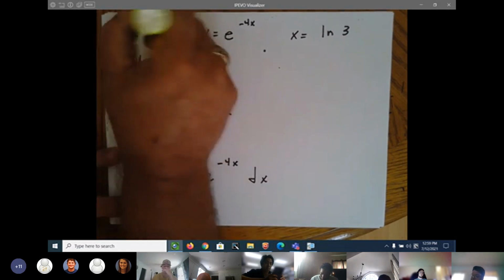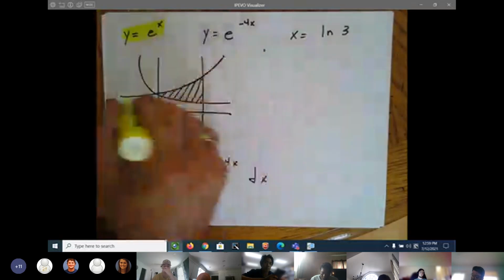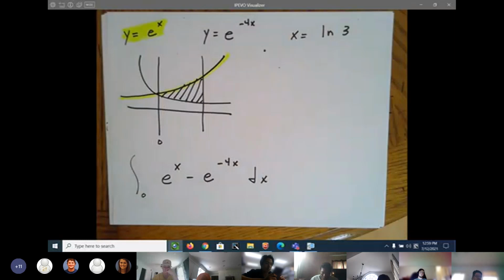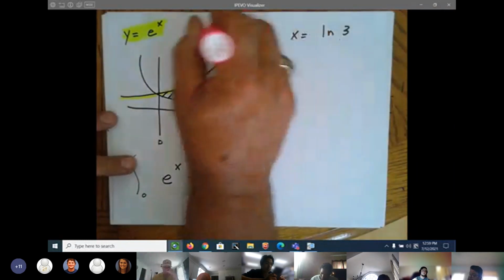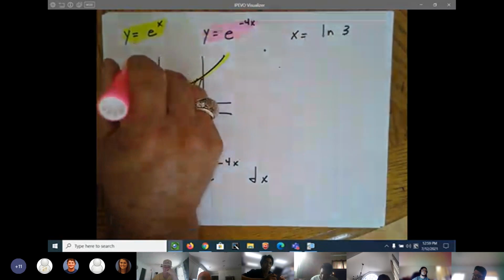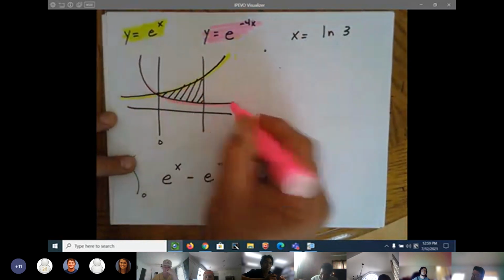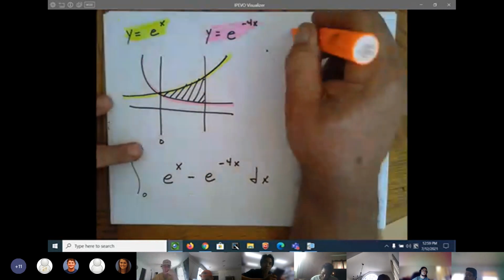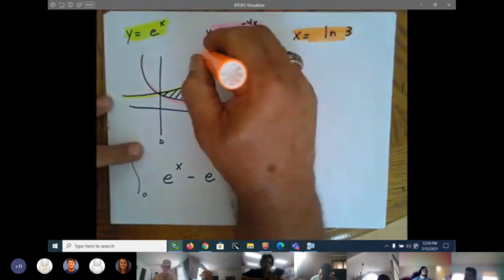Okay, here is natural log. I'm sorry. That's e to the x. This is negative e to the x. And this is natural log of 3.